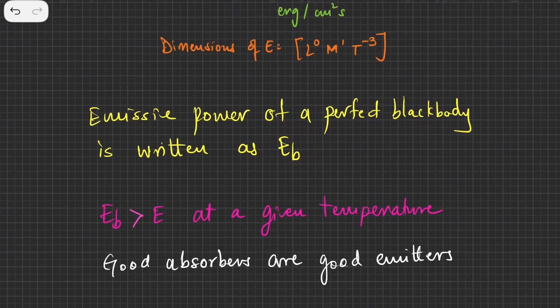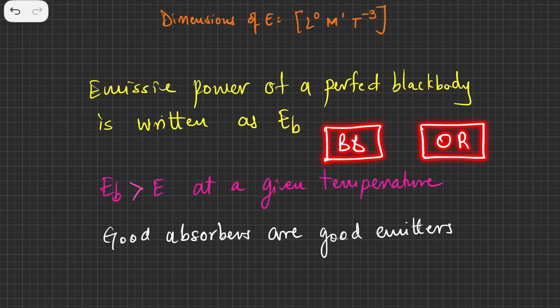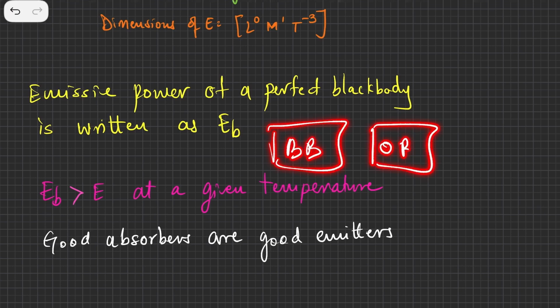Then comes one more concept: the emissive power of a black body is greater than the emissive power of an ordinary body at a given temperature. Suppose I have this one body, which is a black body, and this is another body, the ordinary body. Suppose both bodies are at the same temperature, let's say 300 Kelvin.